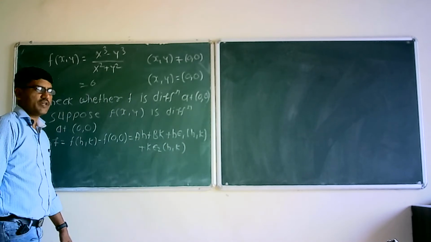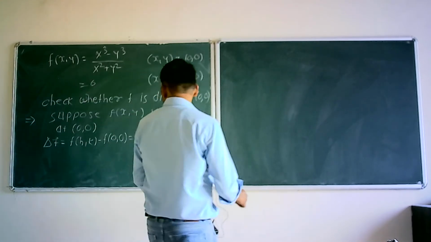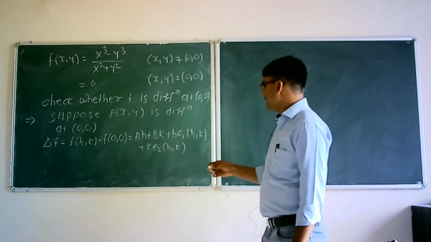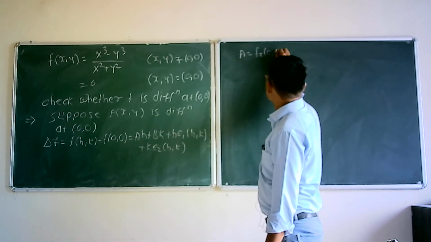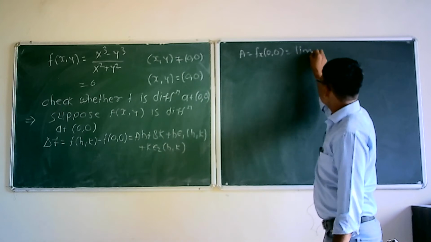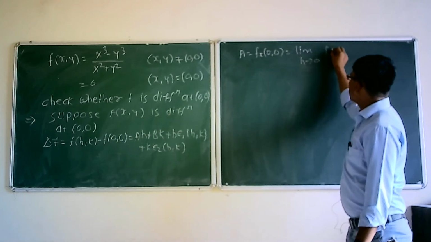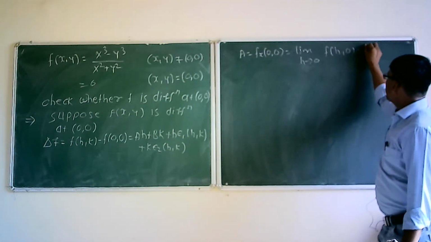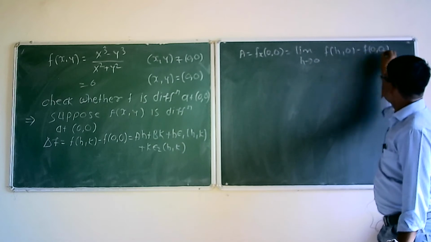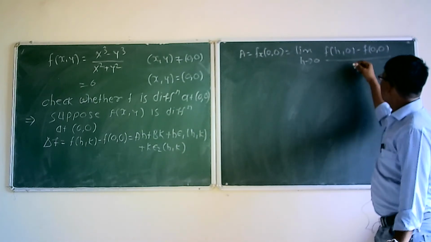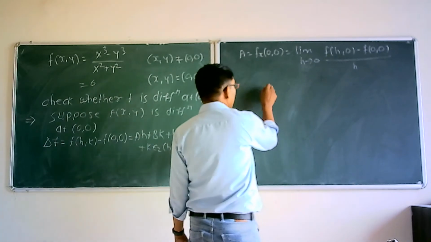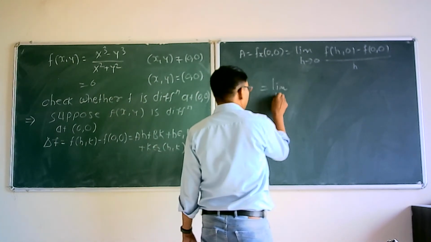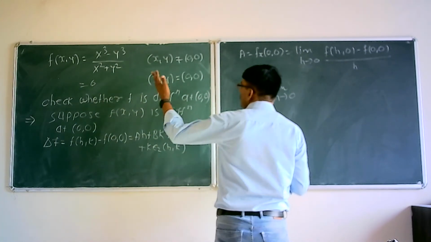So here, a is equal to f_x(0,0). This is equal to limit h tends to 0, f(h,0) minus f(0,0) divided by h. What is f(h,0)?